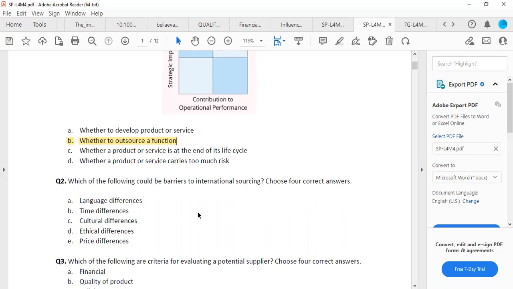Then question 2, which of the following could be barriers to international sourcing? Choose 4 correct answers. Barriers to international sourcing. E, price differences. Okay. So that is 1.